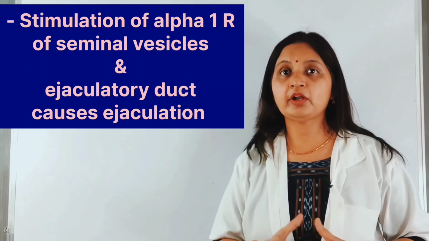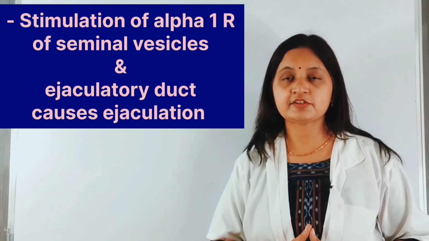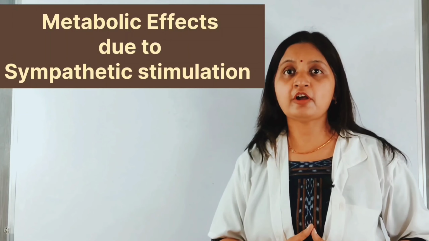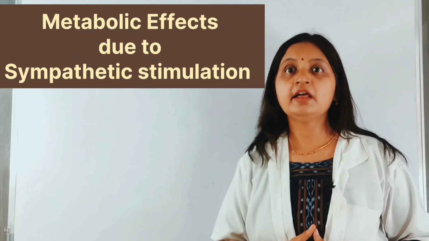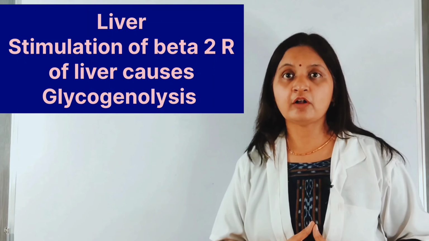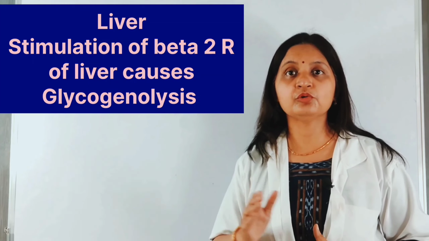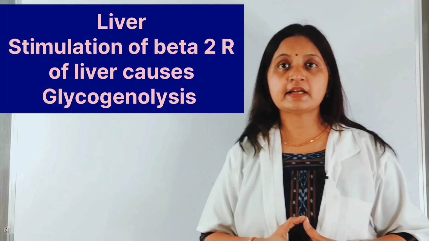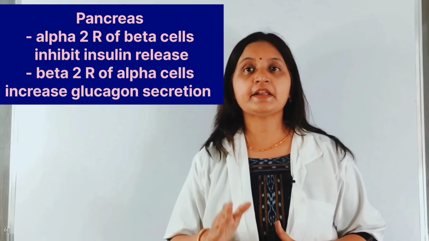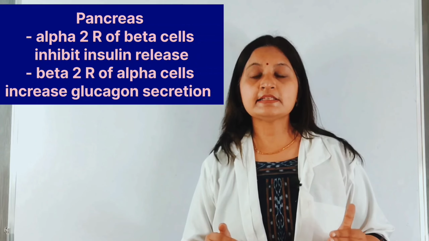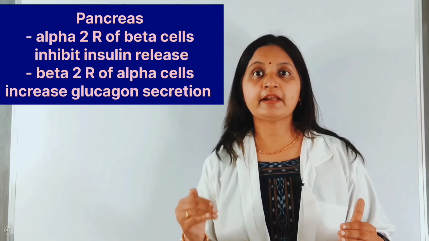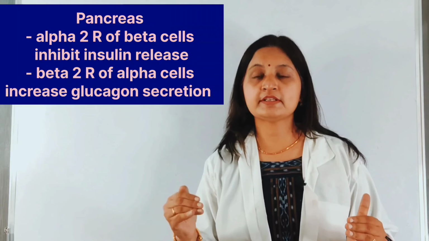Next, what are the metabolic effects resulting from sympathetic stimulation? Action on liver. Stimulation of beta-2 receptors of the liver results in glycogenolysis, a process that involves breakdown of glycogen to glucose. The effect on pancreas. The pancreatic cells consist of beta cells and alpha cells. The beta cells contain alpha-2 receptors and alpha cells of the pancreas contain beta-2 receptors.